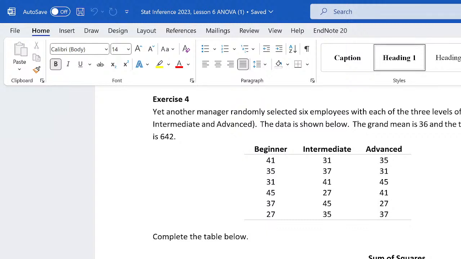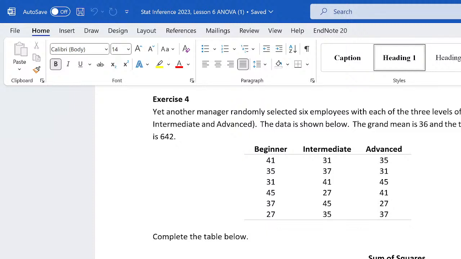Now, I changed the sample size each time just for fun. Now we have 3 groups of 6, that's 18, minus 1 is 17, still 3 groups, minus 1 is 2, so that's going to be 15.